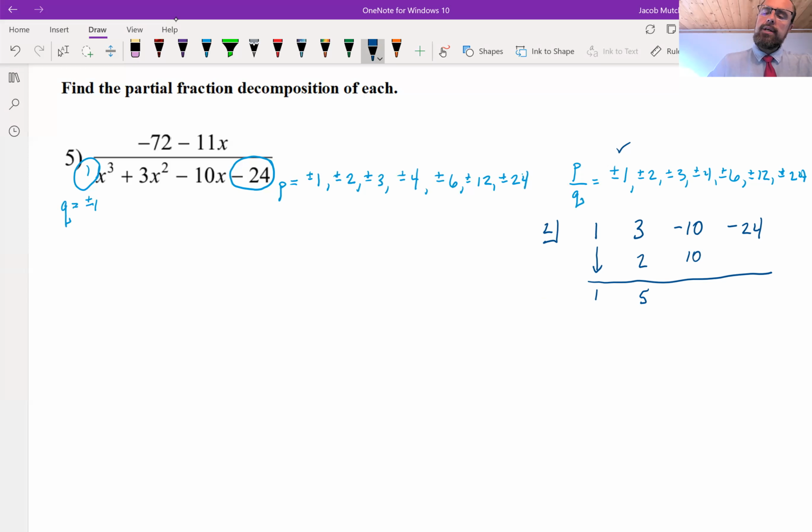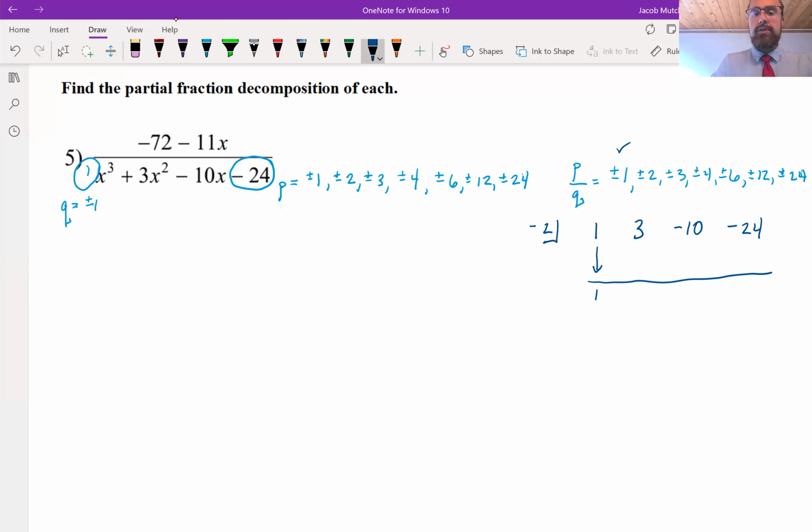Negative 10 plus 10 is 0. 2 times 0 is 0. And that adds to negative 24. So that, again, didn't work. So what we'll try now is negative 2.